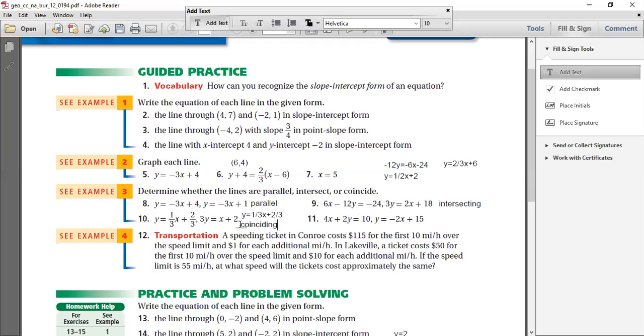Just solve for y is equal to mx plus b and then compare the slope and the intercept. Okay, again, this is not in the form y is equal to mx plus b. So let's change it.